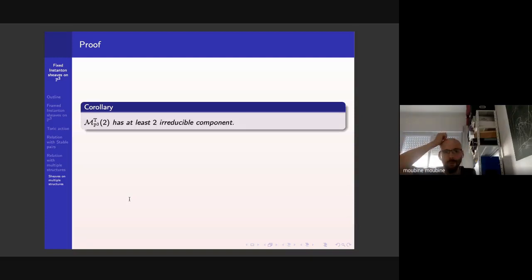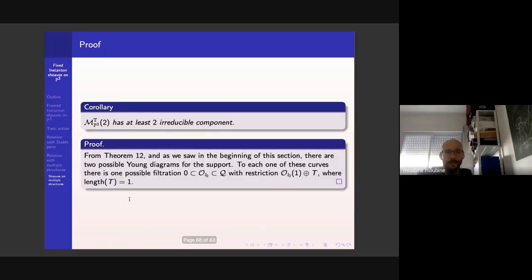Okay, so I don't have a clue for now how to compute such components, or maybe to see that these are irreducible, so that we have exactly 2. Okay. So I will skip the proof here.